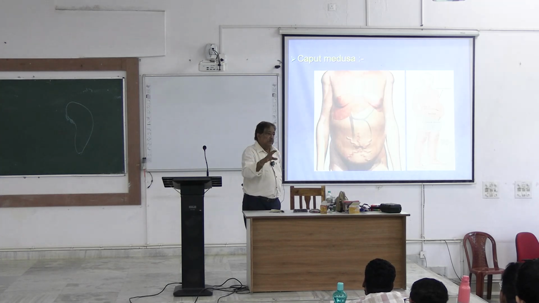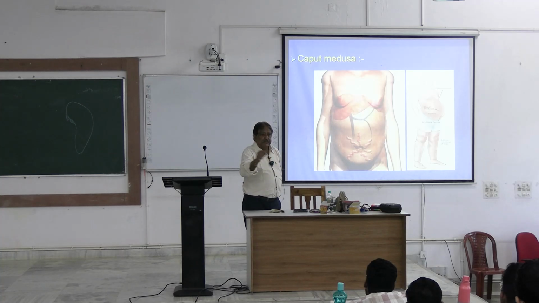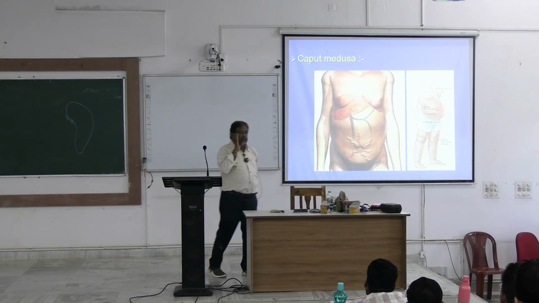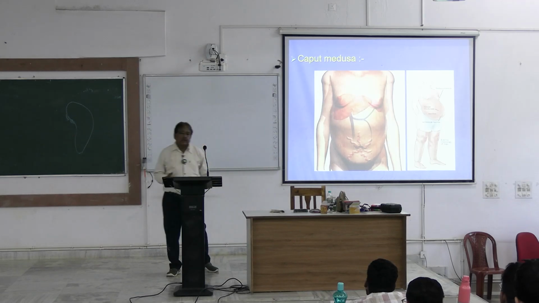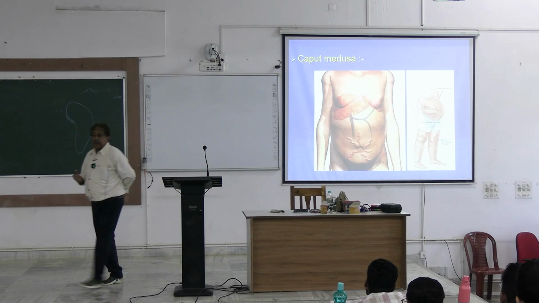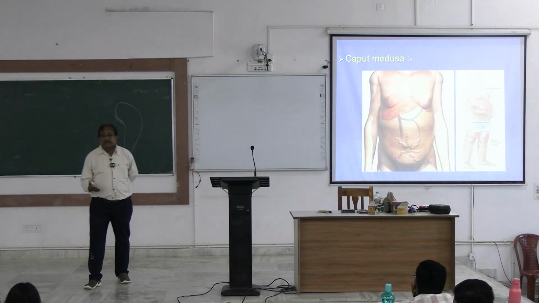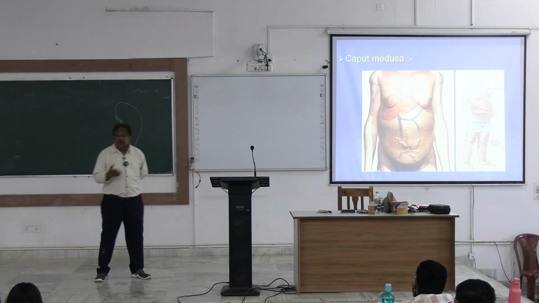You are seeing only your batch. That's why I'm telling you, always draw an illustration like what I am drawing. Just write caput medusa, ascites, these vital points, so you can remember. You can give your note, plus you can tell your boss this is the presentation of this patient.